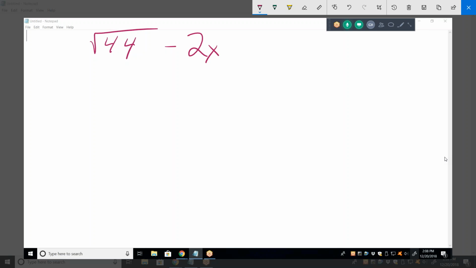It's under the square root like that. Okay. Again, when you see an equation that has a radical sign in it, your goal is to isolate it.